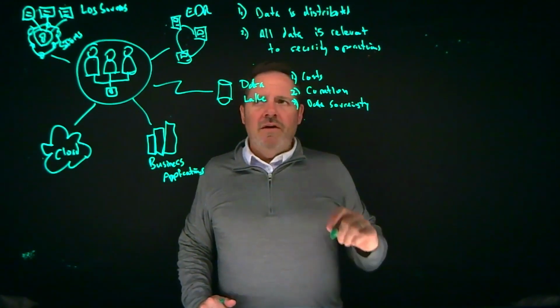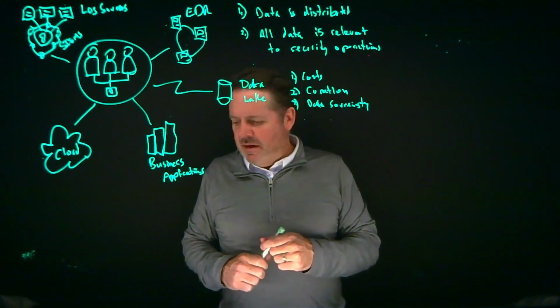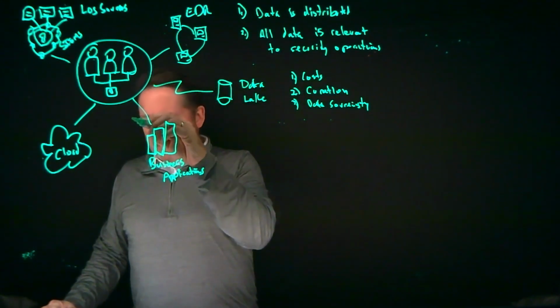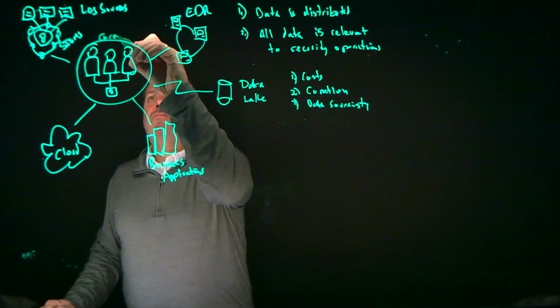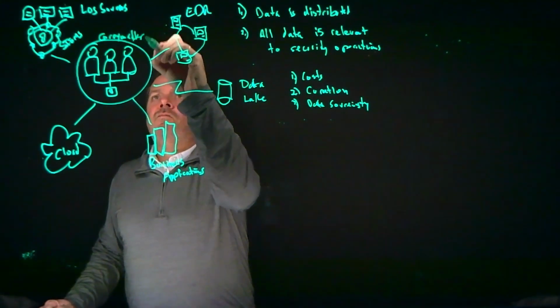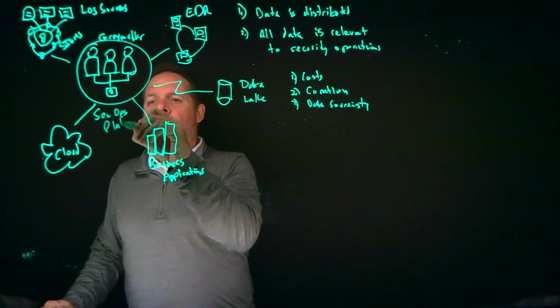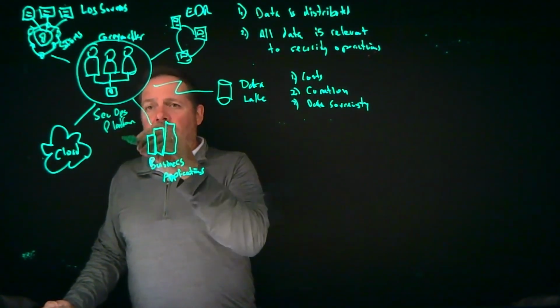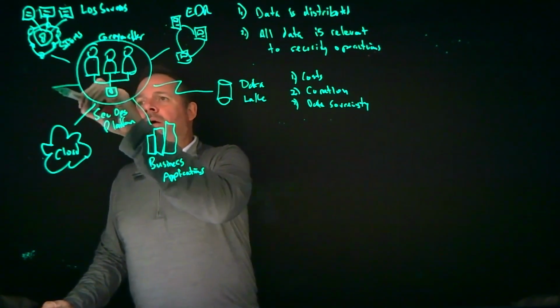And so what makes that possible? If I took this team in the middle and say they're running GreyMatter, our security operation platform, that platform integrates directly with all these solutions, but also anything else you have.